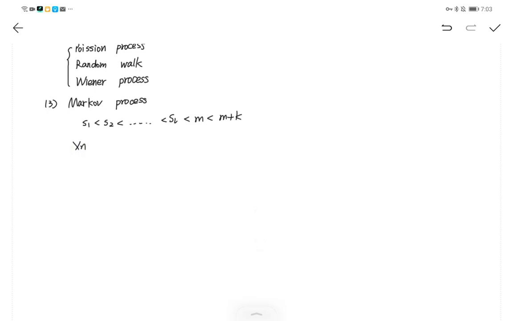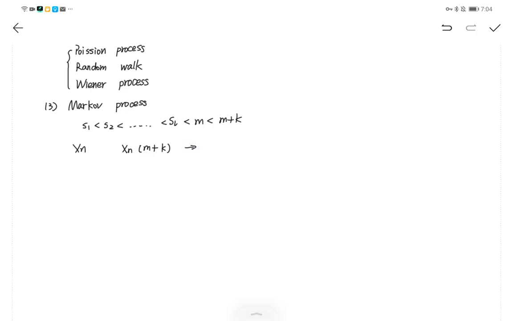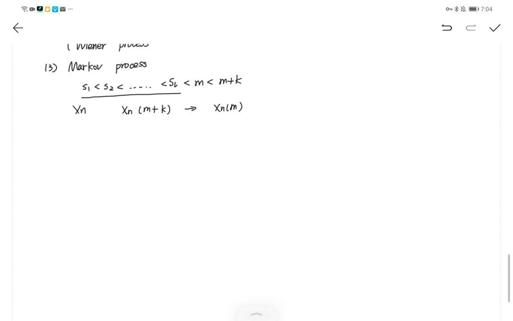So the state of xn at time m plus k is only related to xm, and has no relation to the states before m. So that is Markov chain. That is Markov process.